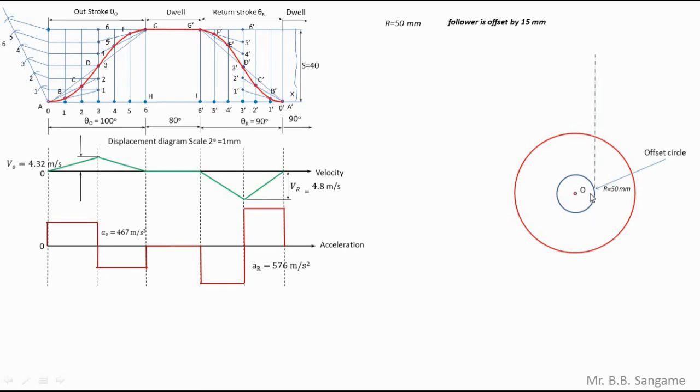When the cam rotates in anti-clockwise direction, we are supposed to take the offset towards the left side. So here we are going to divide the angle in anti-clockwise direction because the cam is rotating in clockwise direction. So first of all I am going to locate the follower here. So this is the follower, this is the point A where the rotation starts. Okay, so I am going to join the line O and A.